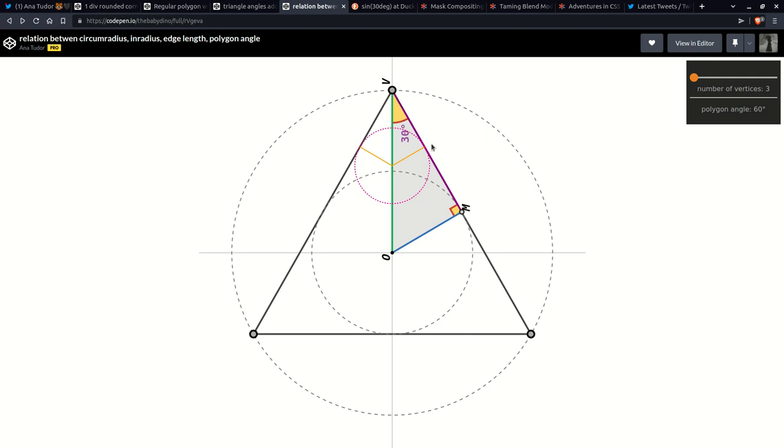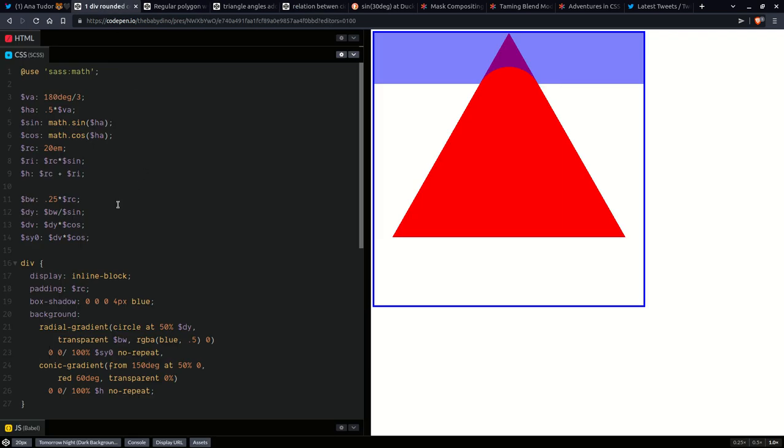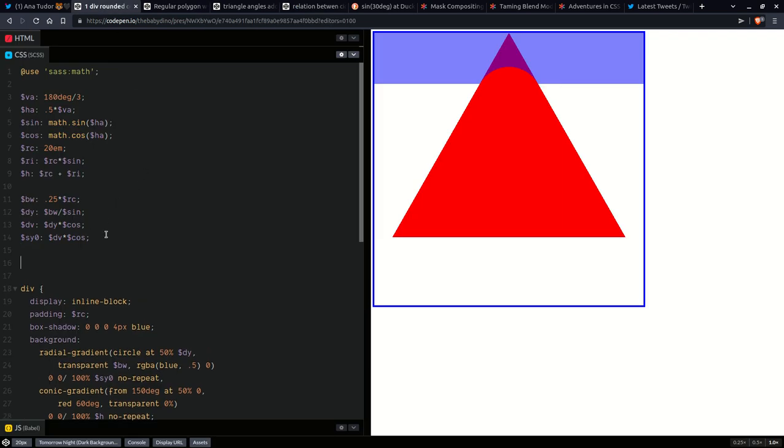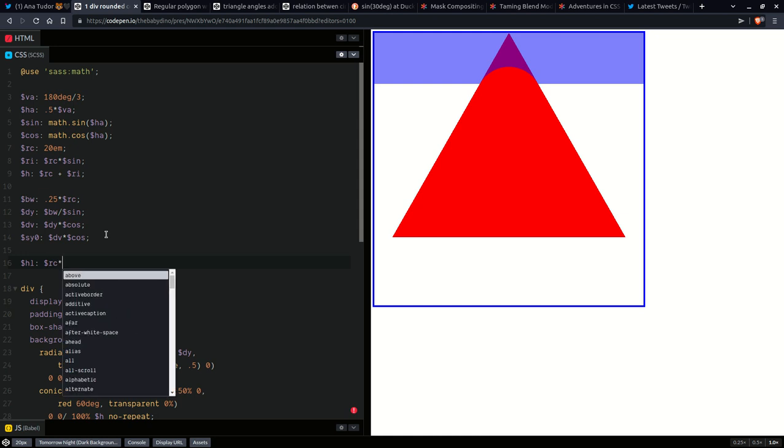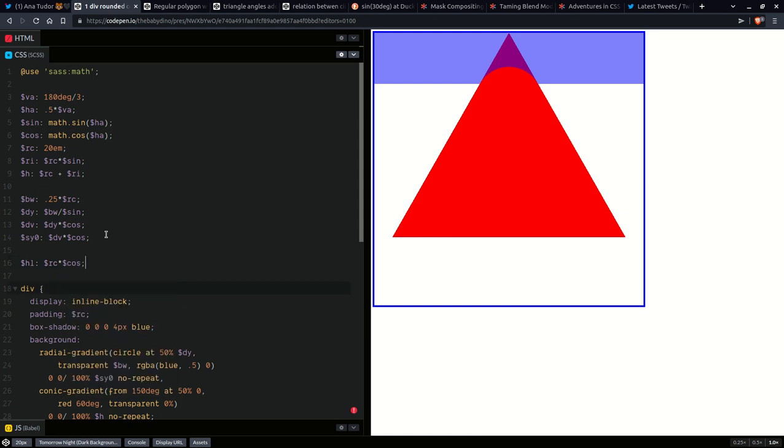Or alternately, we could compute half the edge length from this triangle, OMV. So in this triangle, the circumradius is the hypotenuse, and half the edge length is that MV. So it's going to be the cosine. So half the edge length is going to be circumradius times the cosine.